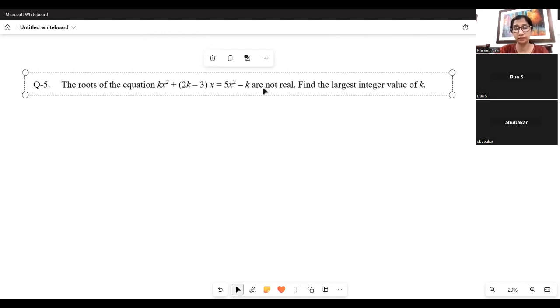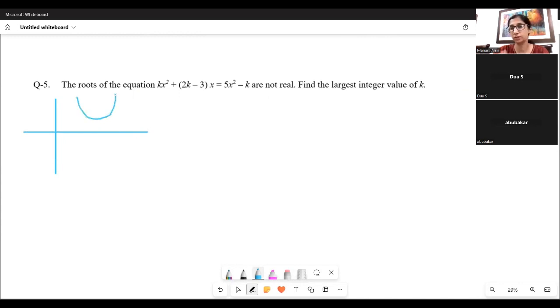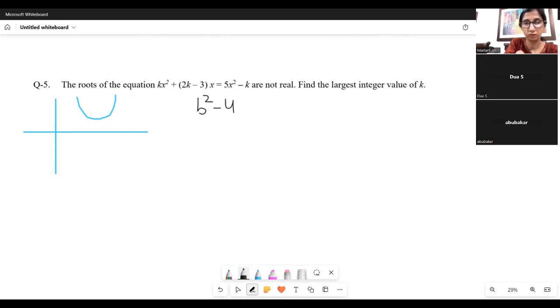Find the greatest integer value of k. Okay. When does a quadratic equation not have any real roots? Yes, when the discriminant is less than 0, when the curve does not touch the x-axis at all. So discriminant is less than 0.